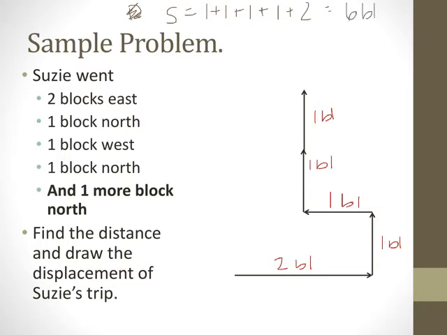Now your displacement is going to be from your starting point down here to your ending point, or the open tail to the open head. So your displacement line should look something like this.